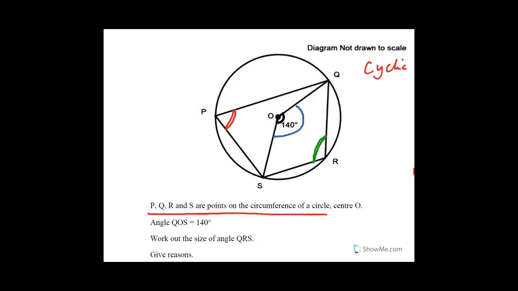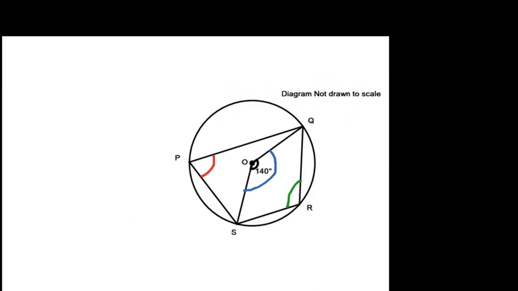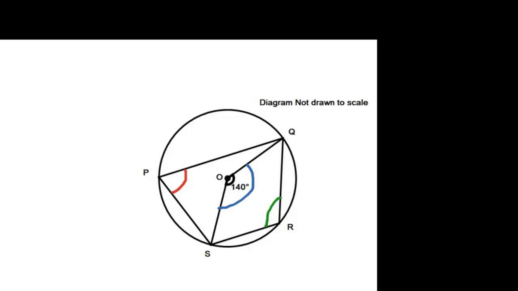Well, if we look at the center, we can see an angle QOS which is 140 degrees. Now a lot of people may think that the angle that we want to find, QRS, I'm talking about this one here, is a half of 140 degrees, and it's not. So the reason for it is because the angle at the center, QOS, is facing this arc here, QRS.